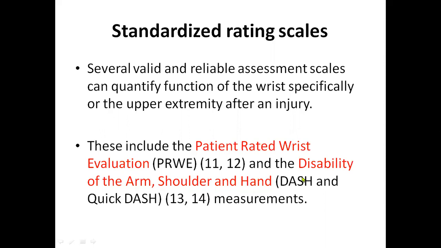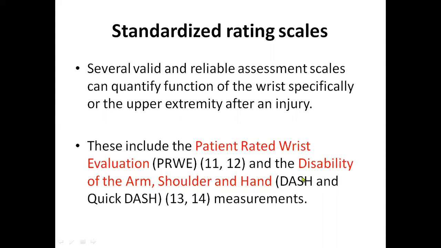On the other hand, if different persons, different therapists, examiners, or physicians use a scale or test and it gives the same result at the same time or at a different time, that is known as inter-rater reliability.